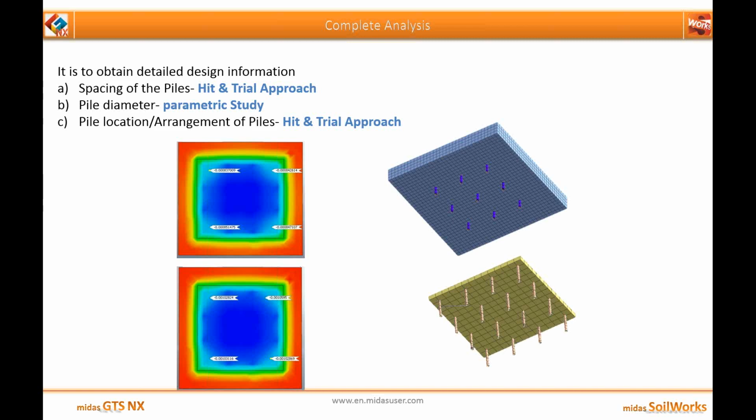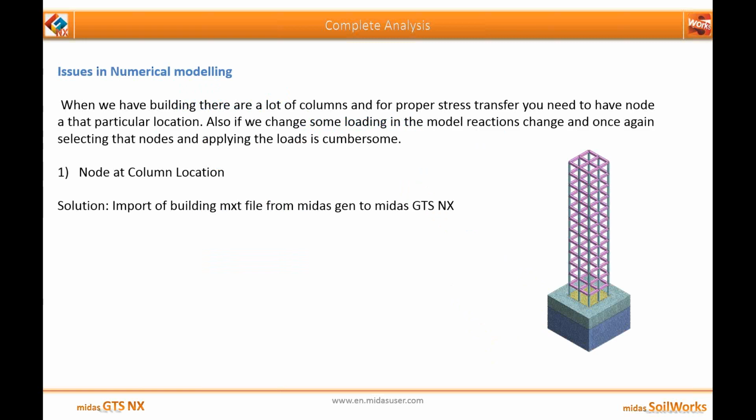And the pile location and arrangement of piles, once again hit and trial initially, and then you can use the previous results to justify your next analysis case. So this is how one proceeds for the complete analysis of a pile raft foundation. Moving on to the next part: the issues in numerical modeling.